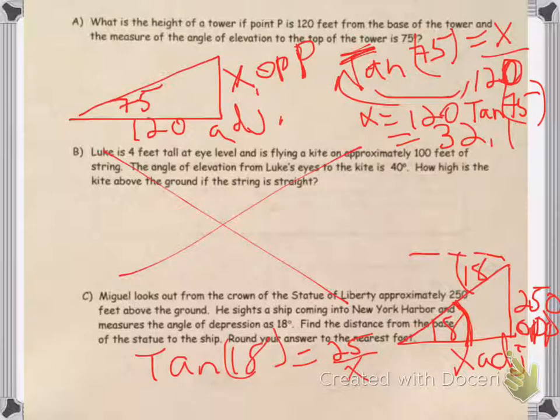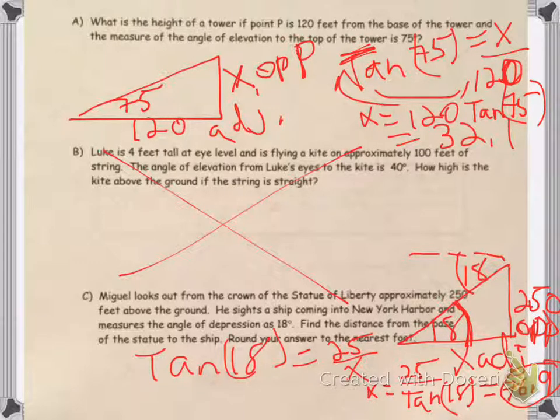Now we have x equals 250 over the tangent of 18. That gives me a grand total of, 250 divided by 18 tan equals 769. That's the final answer right there.